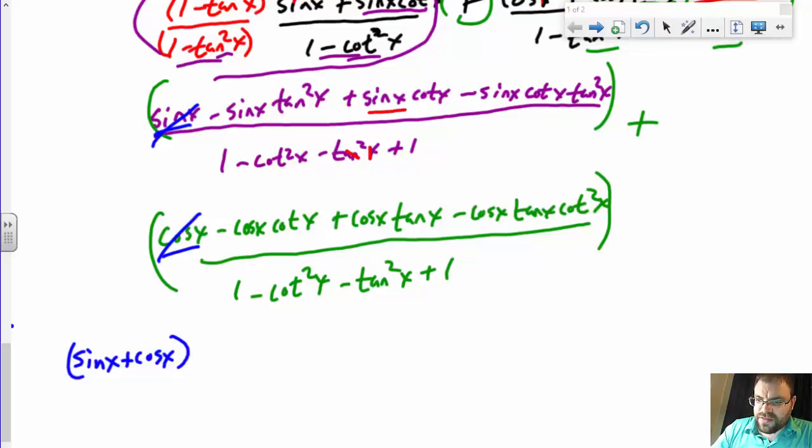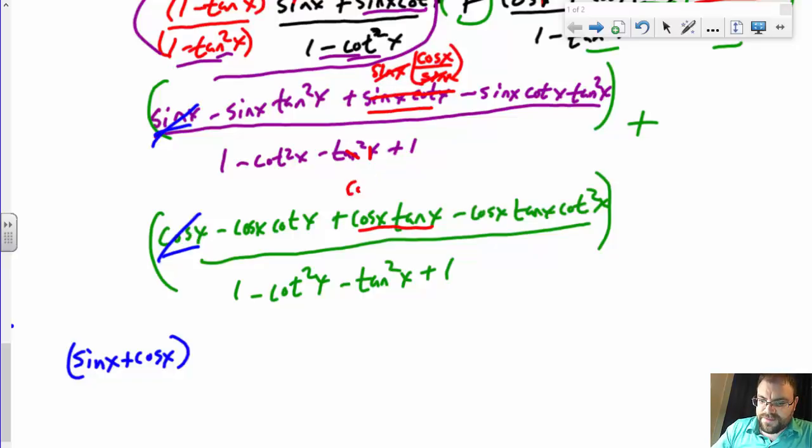Right here, if I look at this right here and this right here, this is what's going to happen. This is like saying sine, and cotangent is basically cosine over what? It's cosine over sine. And I have that times sine, so I'm going to cancel all this out. When I multiply these, the sines are going to cancel. So this whole thing right here is the same thing as cosine.